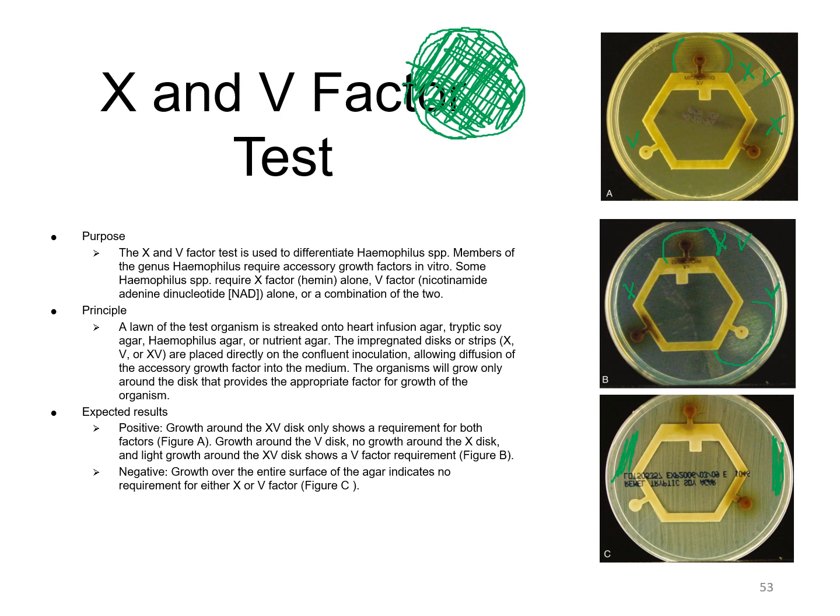This is considered negative because it did not require X or V to grow. It grew whether they were there or not. What you're looking for is growth in the presence of X and V, or X or V.